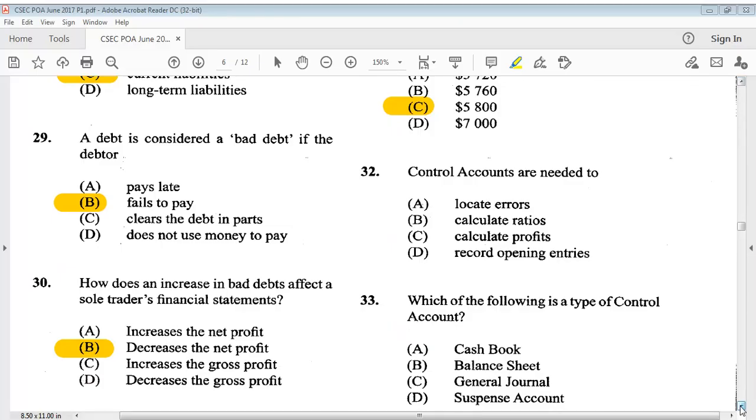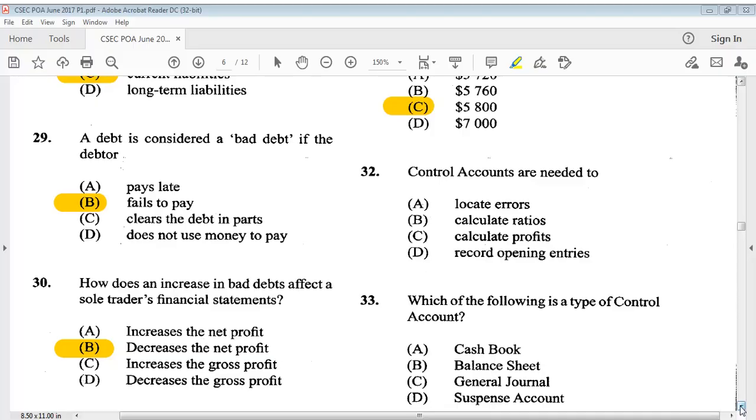32 says control accounts are needed to. Well, we have to think about what's the purpose of control accounts. Is it A, locate errors, B, calculate ratios, C, calculate profits, or D, record opening entries?